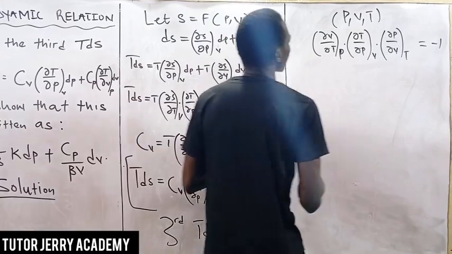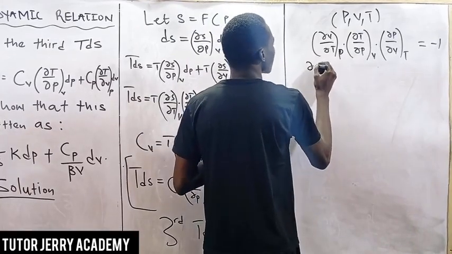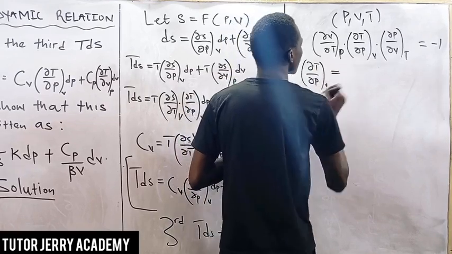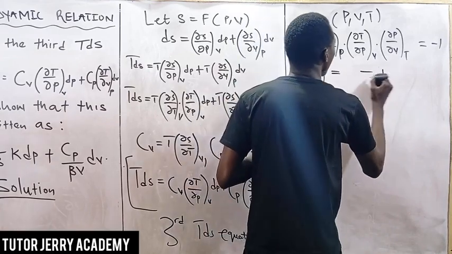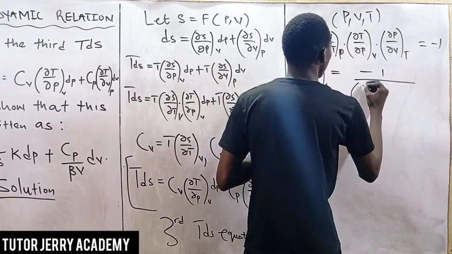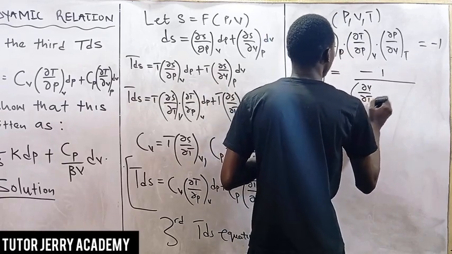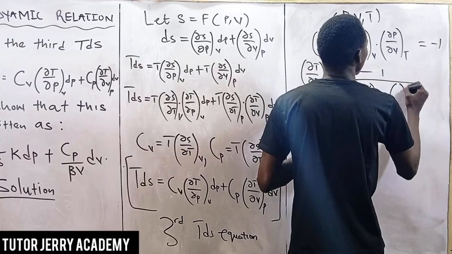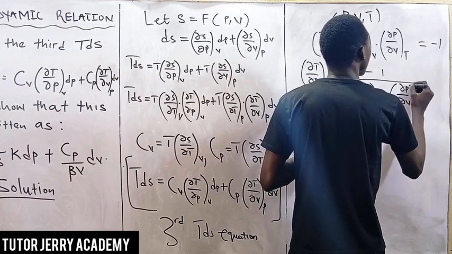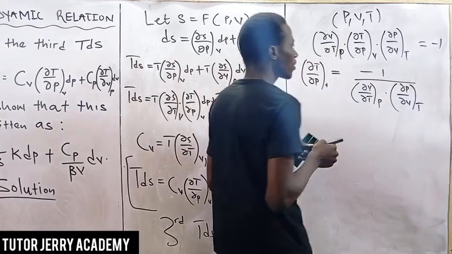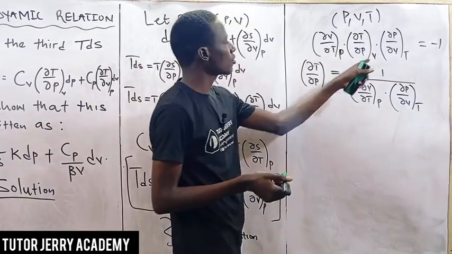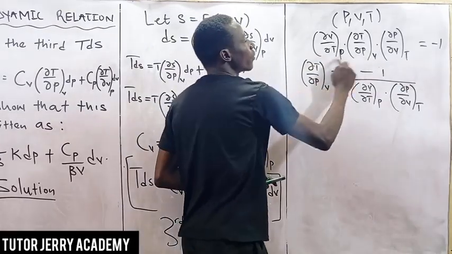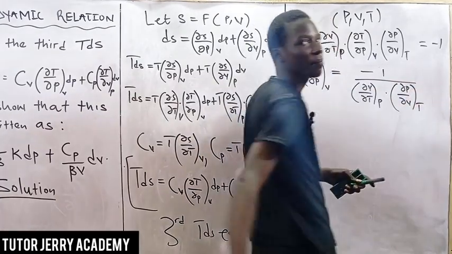If I do that, I'm going to have the partial derivative of T all over the partial derivative of P, keeping V constant, to be equal to -1 all over the partial derivative of V all over the partial derivative of T, keeping P constant, multiplying the partial derivative of P all over the partial derivative of V, keeping T constant. I've just divided both sides of this equation by this and this, of course. So this and this will go from here, but they will appear under -1.